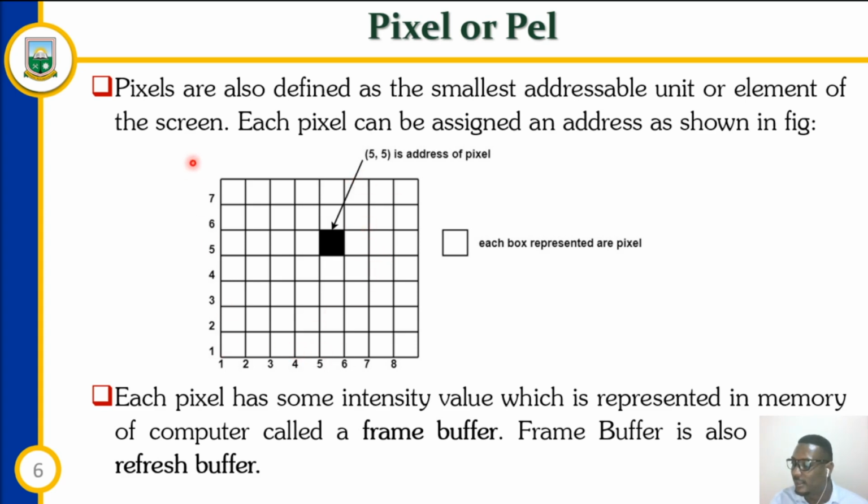Looking at this in the XY plane, you can see this pixel is on the fifth value of X, and also on the fifth of Y. So the address for this particular pixel is 5, 5. The 5 for the X coordinate and the 5 for the Y coordinate are shown here.